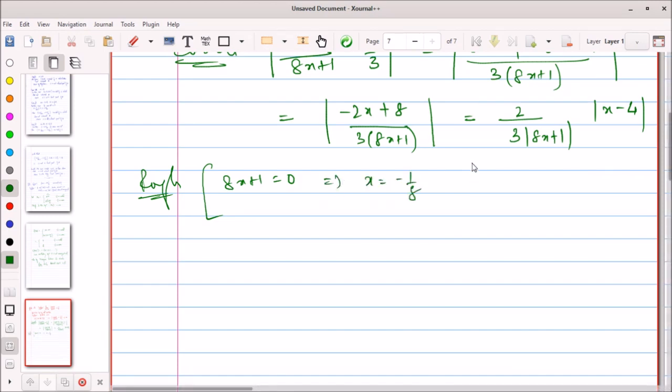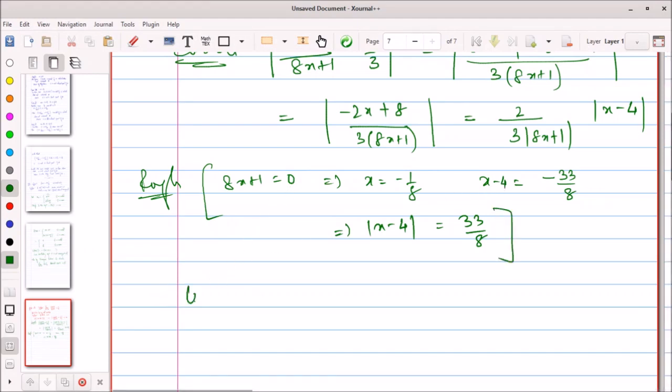So when I write x - 4, this becomes -33/8. So |x - 4| = 33/8, which is approximately 4 point something. So I can take any x less than 4 and that will work for me.